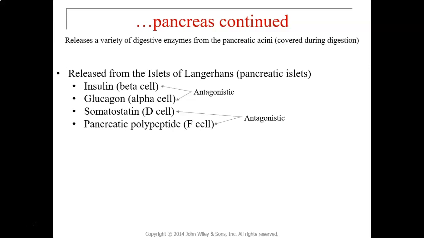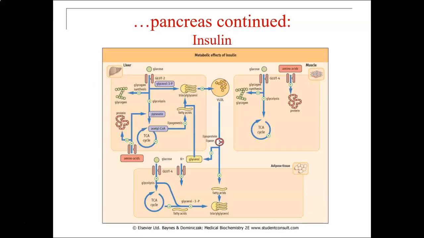Insulin is a very important hormone. We have talked about insulin before. In the next couple of slides, we're going to break out what the functions of these individual hormones are. But a couple of things: insulin and glucagon are antagonistic to one another, meaning they oppose one another. Their function opposes each other.